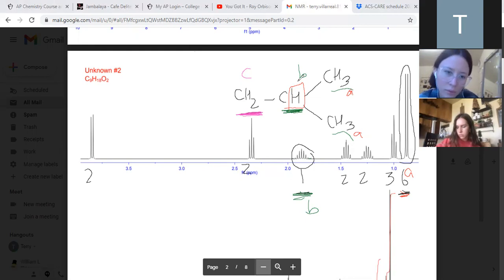Right, this is its only neighbor right now. So right now, I only have 1 neighbor, okay? So how many could I have on the other side? What's the most amount of hydrogens I could have on the other side right now?